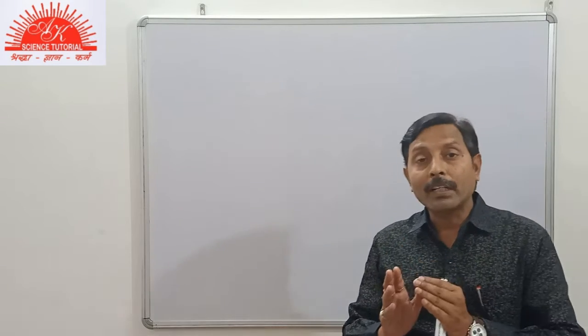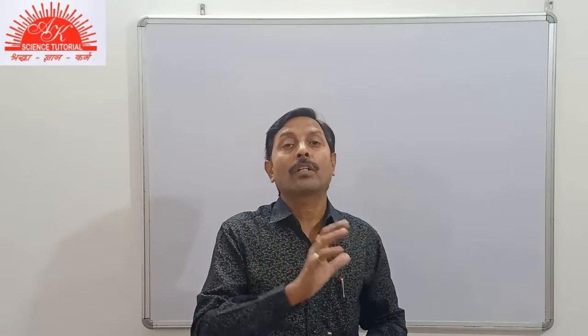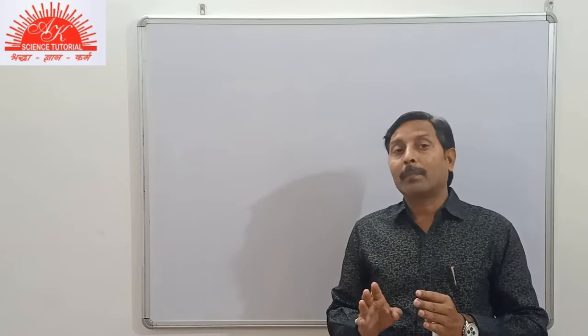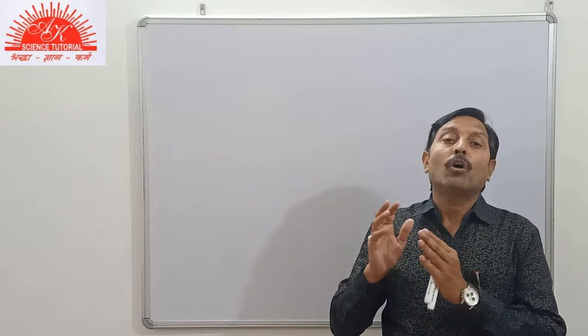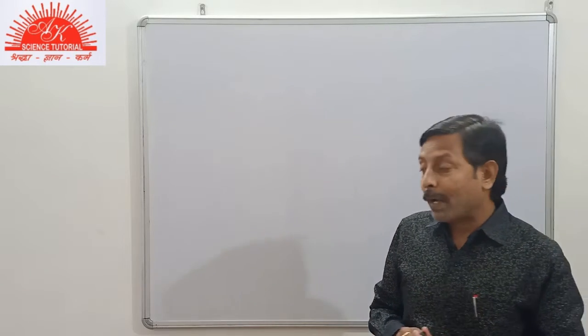Now, after identifying the cation and anion, you will find out the salt to be tested, salt to be studied. So, our today's topic is related to practical or related to observation. So, start with the practical and observations.